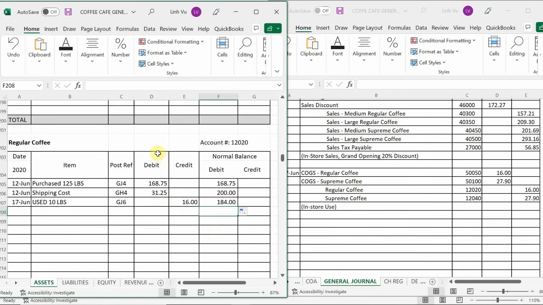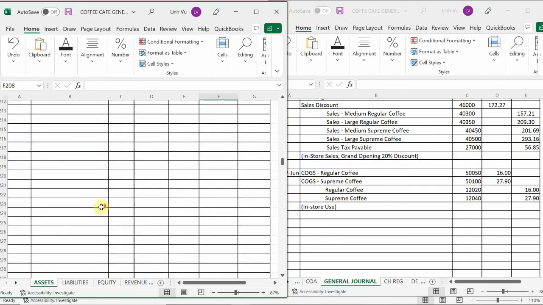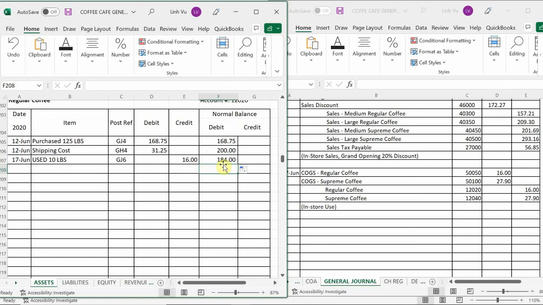Remember, the debit and credit system is like a number line. Especially since I'm using an asset, that means I'm increasing my debits, and if I use a credit, that means I have to subtract. This just gives me my running balance. Now you're going to go into your Supreme. Notice this says 184.